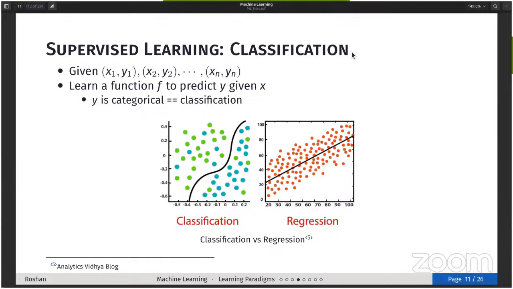Everything is clear till now? Can I move on? Again, in stock price prediction, you can predict whether the stock market will crash or not. That is classification.